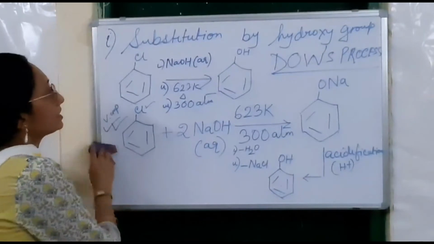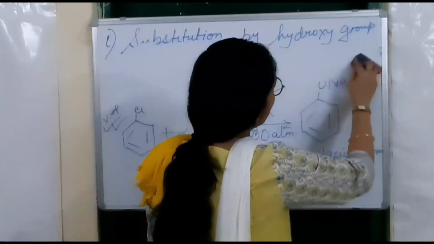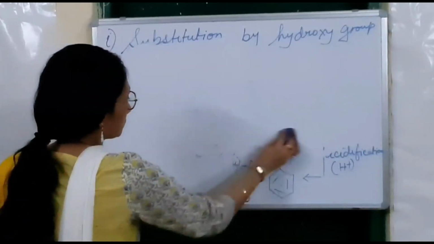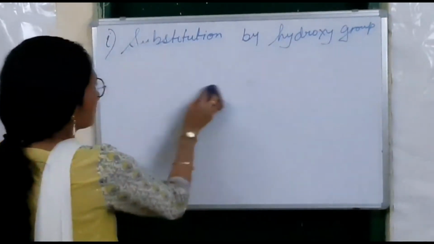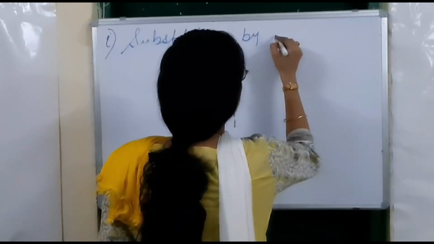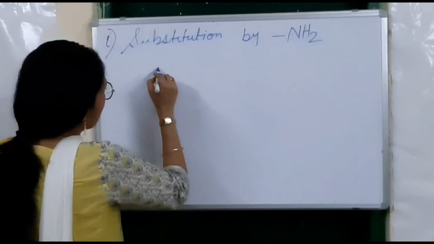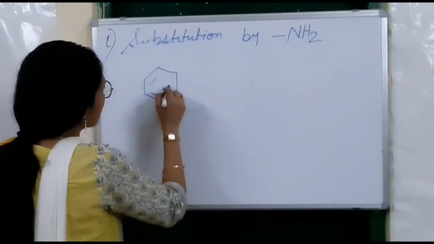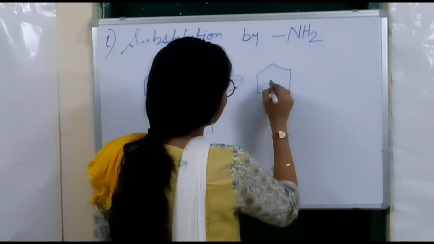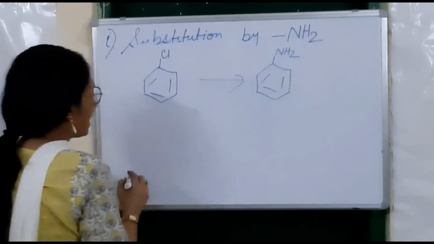Now our second substitution will be substitution by NH2 group. That means we will convert chlorobenzene to aniline. First we will write the balanced equation.